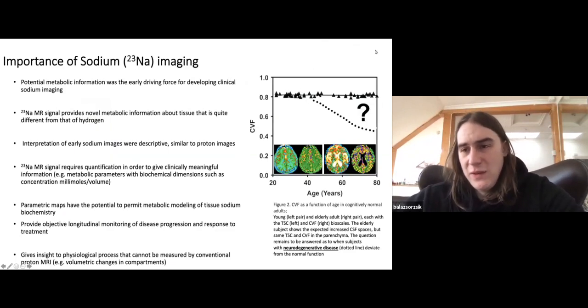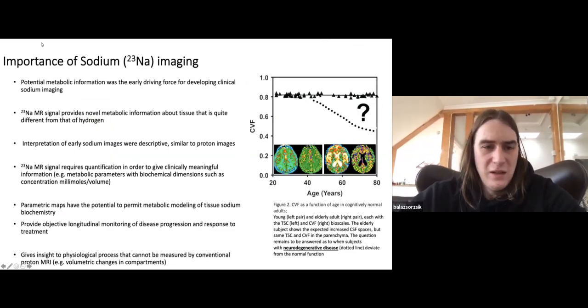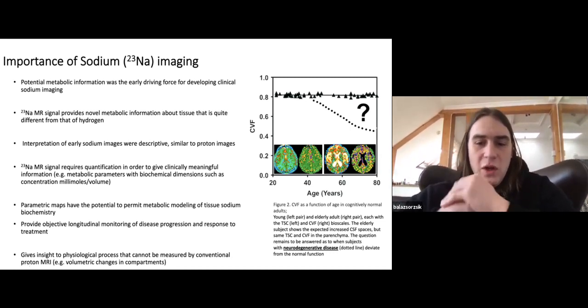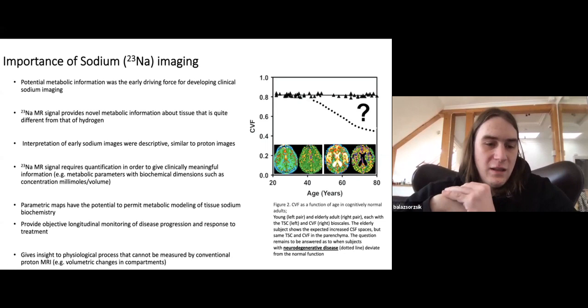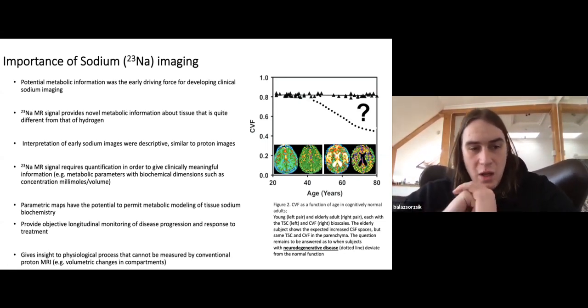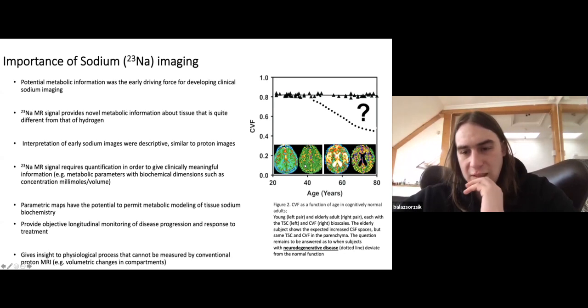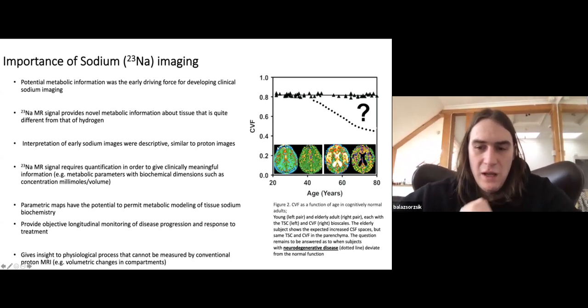And once we have something like the TSC, or total sodium concentration, we can use that information to further model and get information from the images that we could not get from standard proton MRI. For example, this is a study where they compared a young subject with an elderly subject.